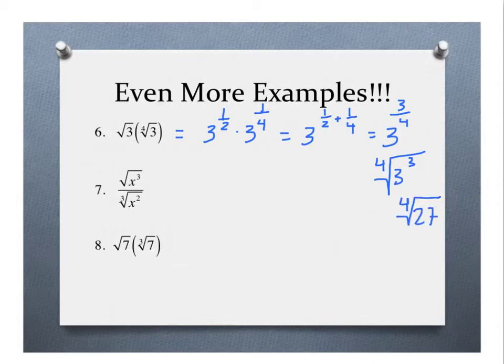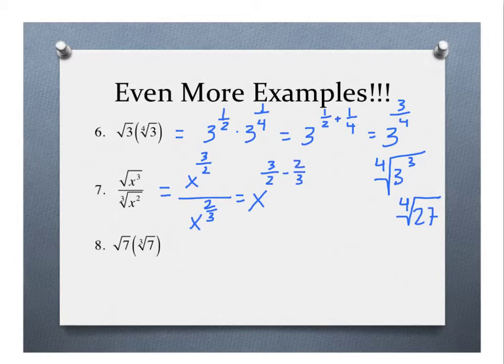Excellent. Next one. Square root of x to the 3rd would be x to the 3/2. So remember, square root, 2 index is a denominator of 2 for the exponent. Exponent is the top part. And then this one would be x to the 2/3. Now we need to subtract. 3/2 minus 2/3.